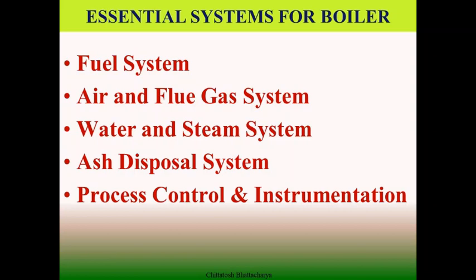So there are several parts, not only the water steam circuit but also other systems like ash disposal and process control. All these components are also participating in the performance of the boiler.